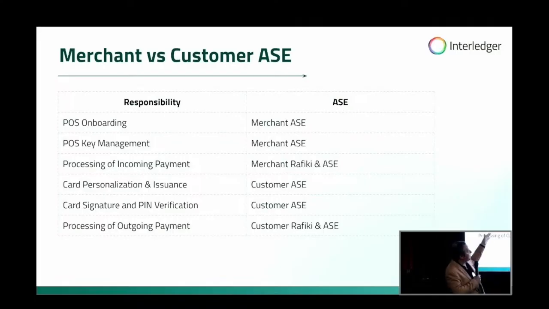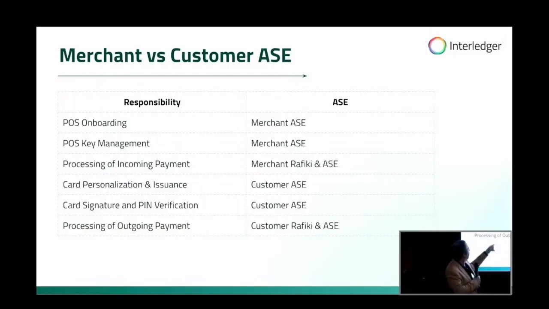So it's all up to the ASE to manage their own POS onboarding and key management, even though the ILF and Rafiki facilitates that to a huge extent. And then, the rest of this payment flow should be very familiar to everyone familiar with the ILP and Rafiki. Basically, the incoming payment is processed on the merchant Rafiki and the ASE, and then from there, the transaction is sent to the customer ASE.